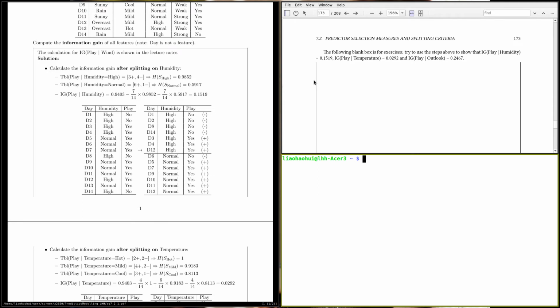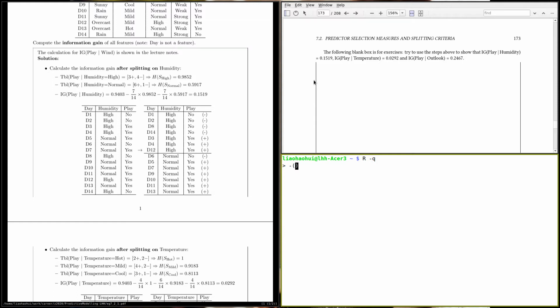So now let's see. I'll be using R. How do we calculate this entropy? If you remember the formula, there is a negative sign in front.